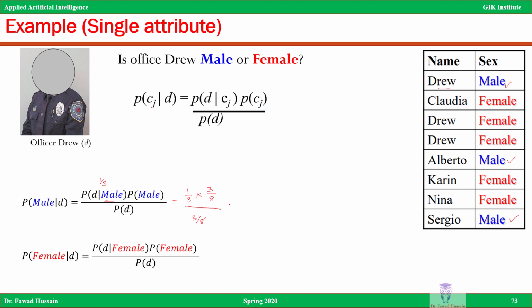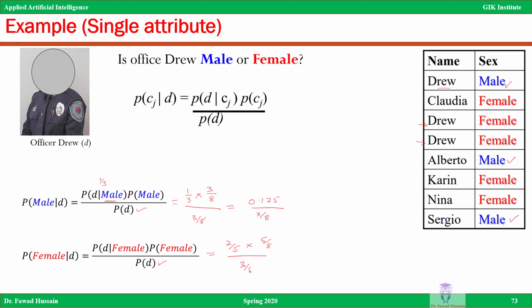If I ignore this part, this is going to be 0.125, divided by 3 by 8. Same with the female case: this will be 2 by 5, because there are 2 Drews among the females, multiplied by 5 by 8, and divided by 3 by 8. You can see this and this are the same.